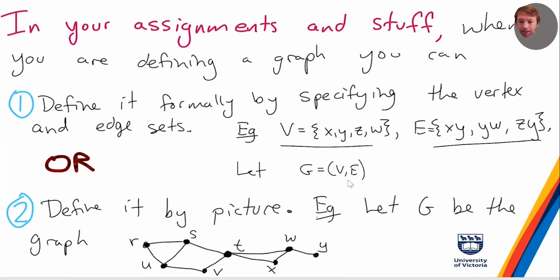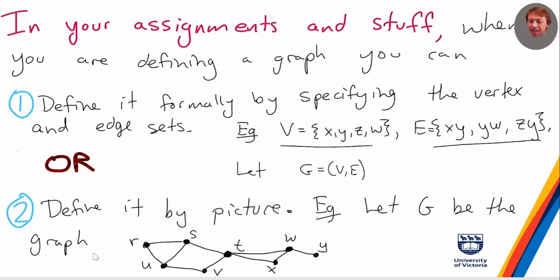That's a perfectly acceptable way of defining a graph. But in a lot of cases it's more convenient for you, for me, and for the marker if you define a graph just using a picture. Any correct way of defining a graph is valid, but you can also just say, let G be the graph, and draw a picture.